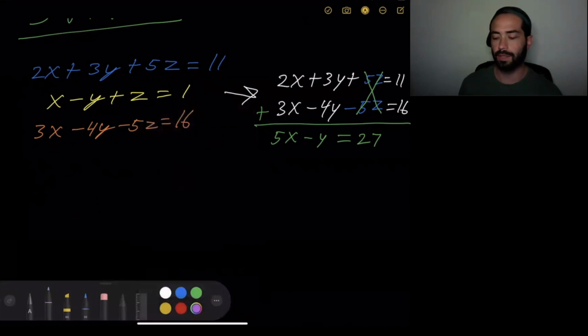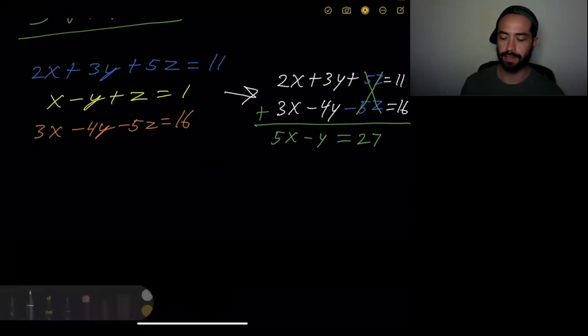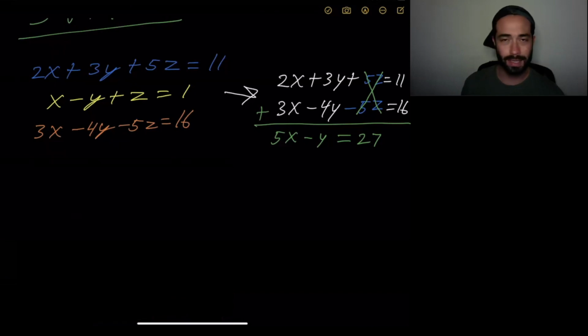Okay, so before we chose the equation on the top and the equation on the bottom. So now I definitely need to incorporate the equation in the middle, and I need to combine it with another equation where, once again, the z's cancel out. Now, at first glance, nothing's going to cancel, right?